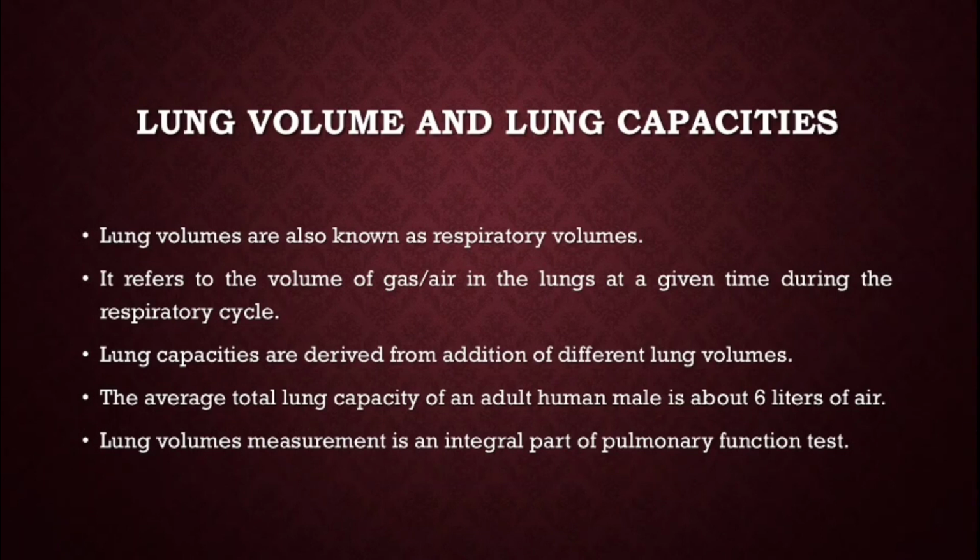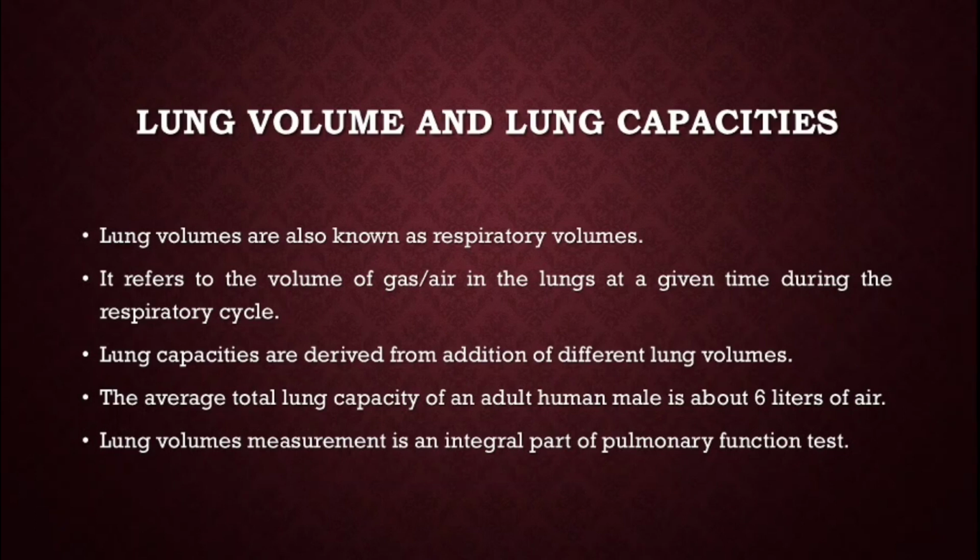Now that volume of the air which enters into the lung during the inspiration and the volume of the air that goes out from the lung during the expiration, that is known as the lung volumes. And the lung volumes are also known as the respiratory volumes. So the lung volumes are the volume of the air or the gas in the lungs at any given time during the respiratory cycle.